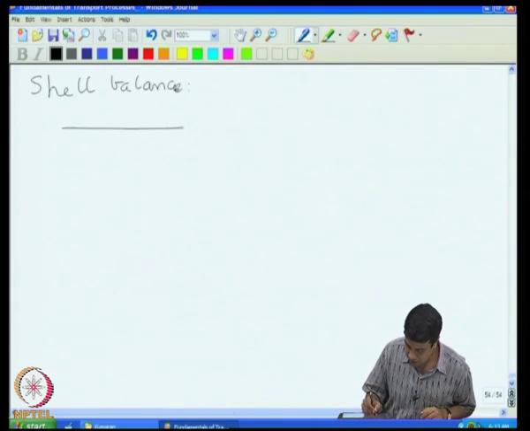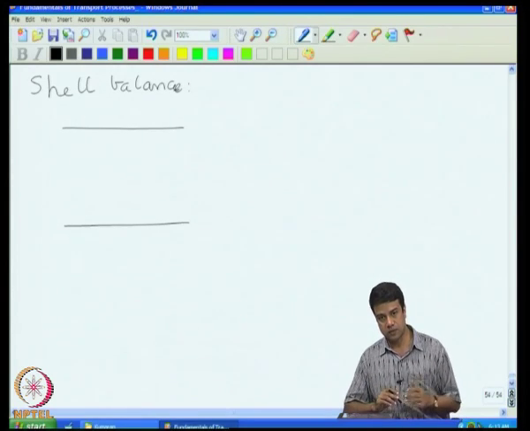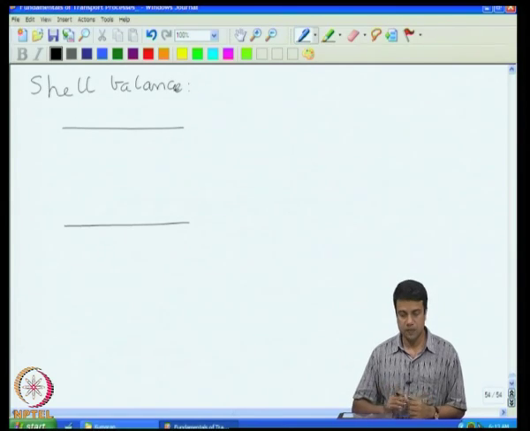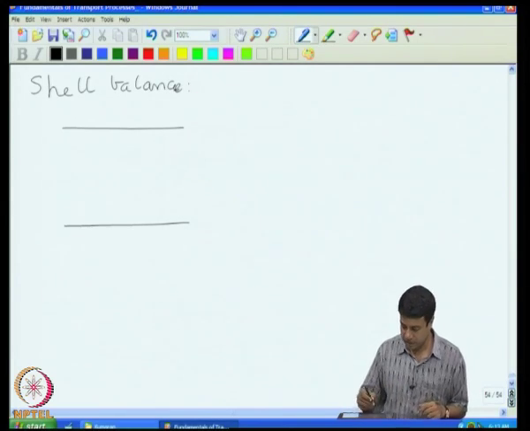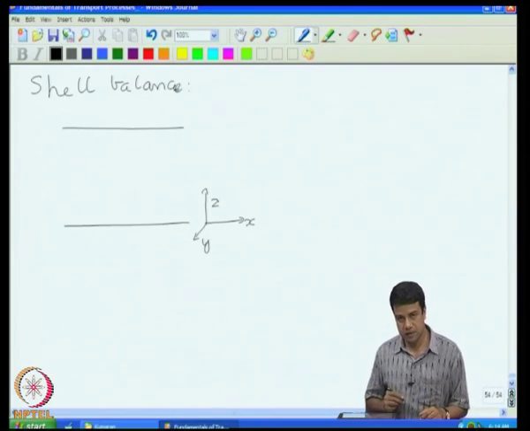In this particular case, I have two infinite plates. So, the first thing is to choose a coordinate system that I can use to analyze the problem. In this particular case, I just have two flat plates, so I can choose a coordinate system as a Cartesian coordinate system x, y, and the distance between the plates is the z coordinate.